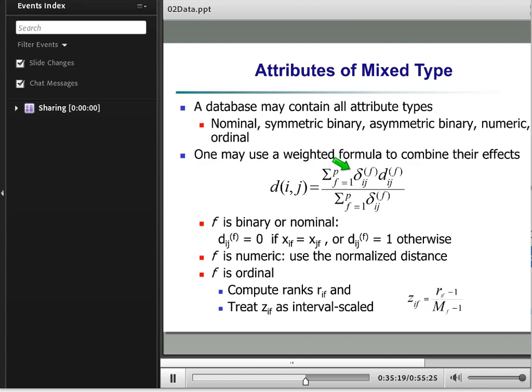For example, attribute age and attribute salary. As we see, the range of attribute age is much smaller and lower than the range of attribute salary.